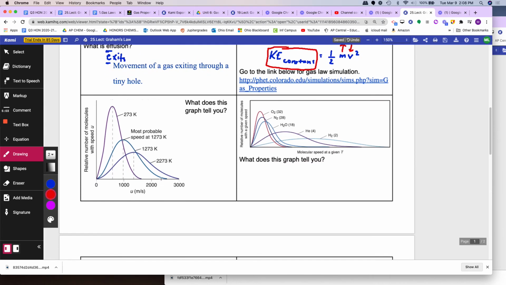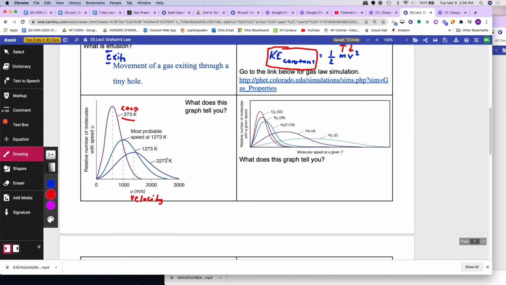So let's go ahead and look at this distribution. This is called Boltzmann Distribution, and I showed this to you in the previous video. On the y-axis is the number of molecules. The x-axis is the velocity. This is the root mean square speed, but for our purposes, we'll just call it its speed or velocity. So at 273, it's cold.